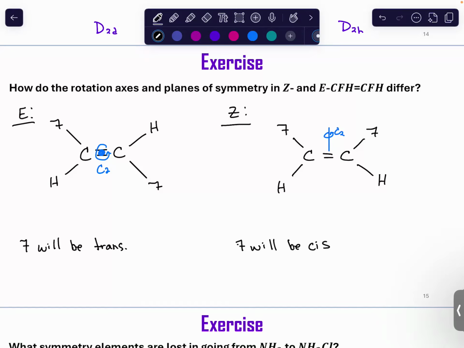Okay, now that we know which one the Z actually is, go and do the symmetry plane. Okay, I'm gonna say that it's gonna be right up and down. So there's only one plane.